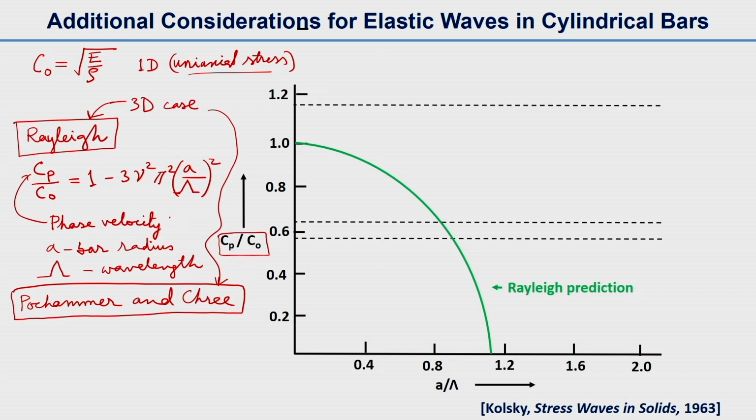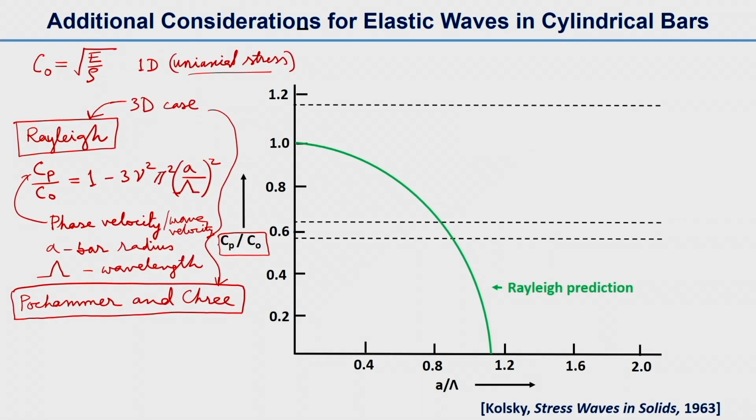Phase velocity is nothing but the wave velocity in the 3-dimensional case, and that can sometimes be known as the group velocity, but the group velocity can be different from phase velocity. So we are not going into those details, but we simply want to know the variation of the normalized wave velocity for the 3D case with the ratio of bar radius by the wavelength.